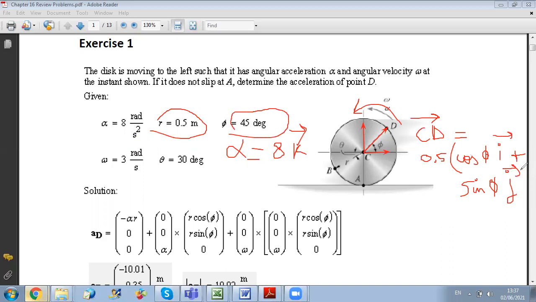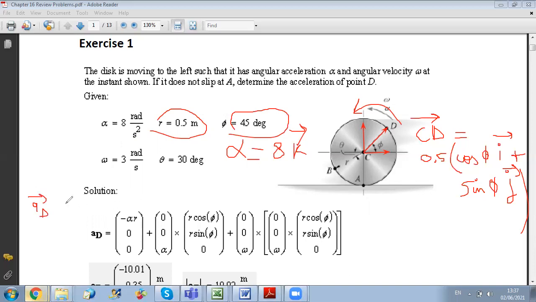Okay. Now all we have to do is to replace back into our relation. So it becomes very simple. Okay, let's do it. We have AD vector. I will do our method, and here they do the column representation.